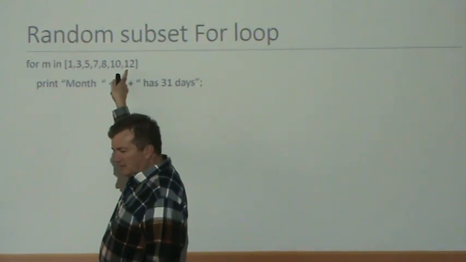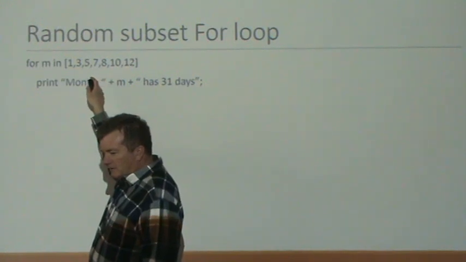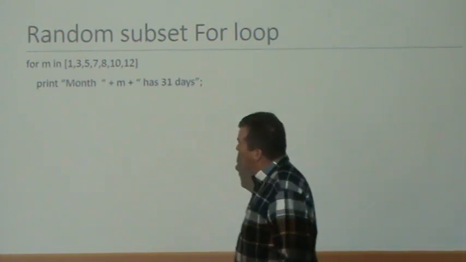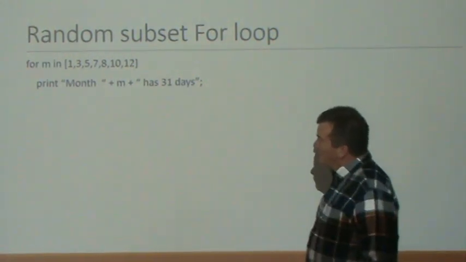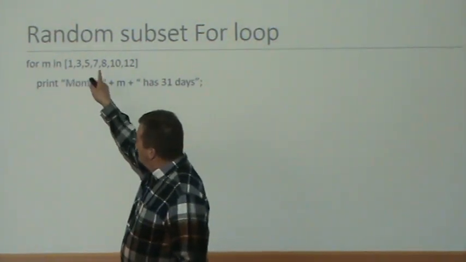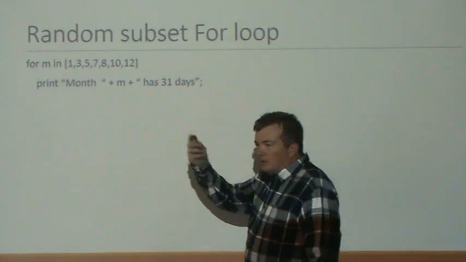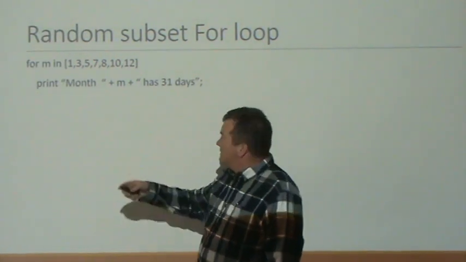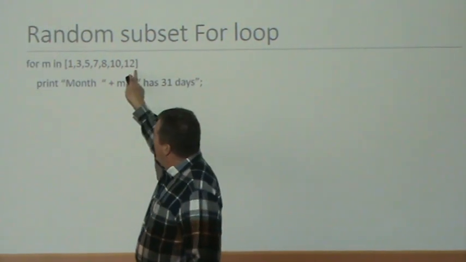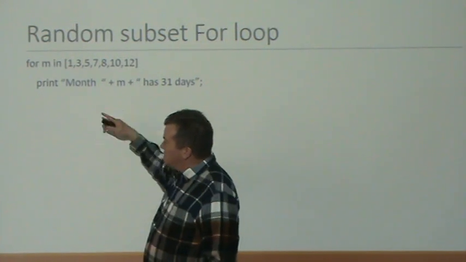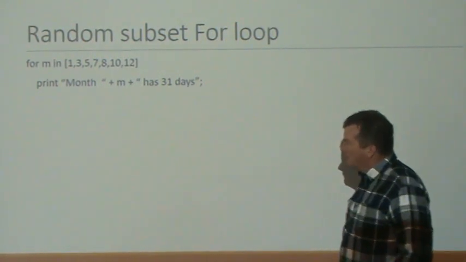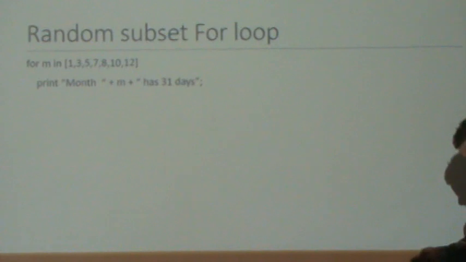Is that right? 10 is October, that's 31 days, right? Okay. So now you could print out a message saying each one of these has 31 days in it. You could come up with an array of numbers off the top of your head, write them out, and then print out messages that list each of the months that has that many days.